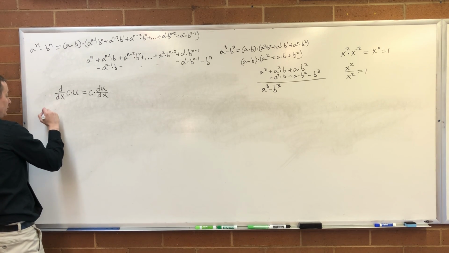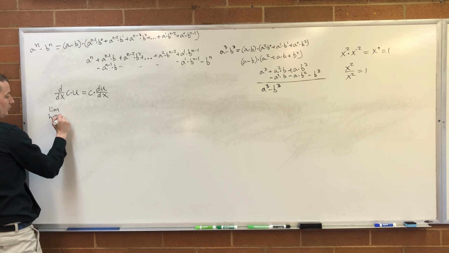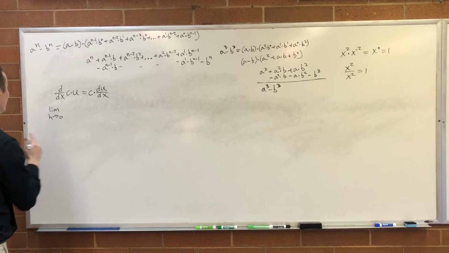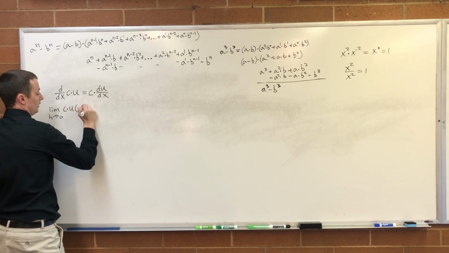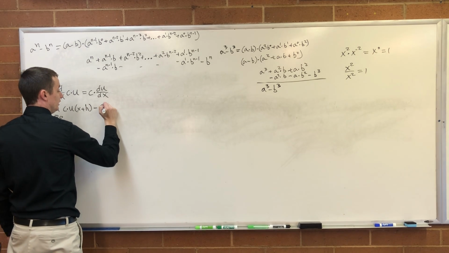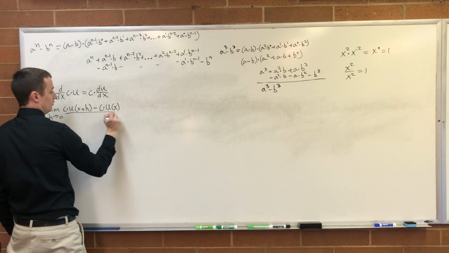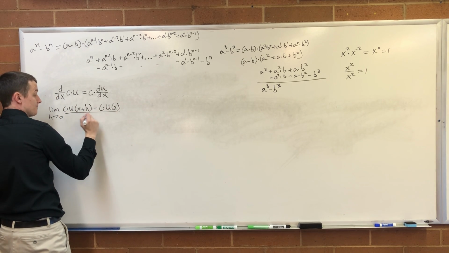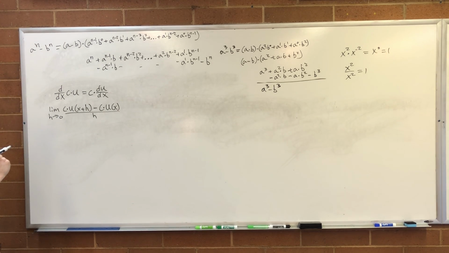So then the limit, going back to the author's notation, as h approaches 0 of c times u of x plus h minus c times u of x, all over h.